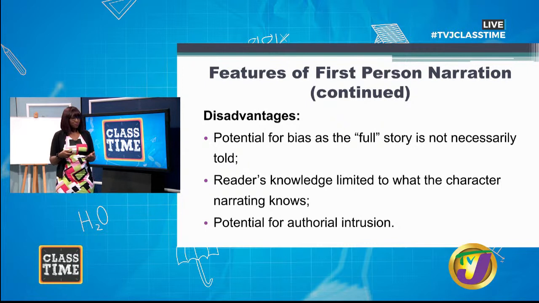Now, of course, there would be disadvantages to this. Disadvantages will work on the idea that you might be very biased because you are going to be telling the story from your personal perspective. So therefore, how am I going to know really and truly that you're giving us the entire story?